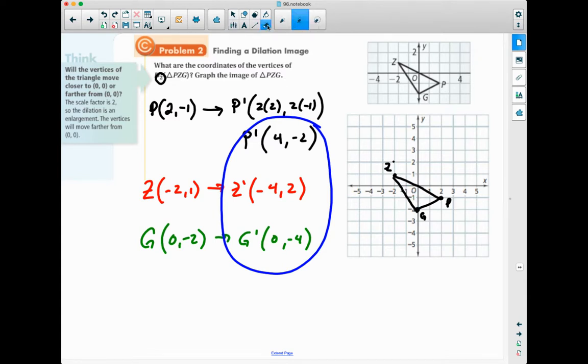So next, let's plot the 3 points that we have. P prime is going to be 4, -2, right here. So there's P prime. Z prime is -4, 2. So there's Z prime. And then G prime is going to be 0, -4. So there's G prime. So I can connect.